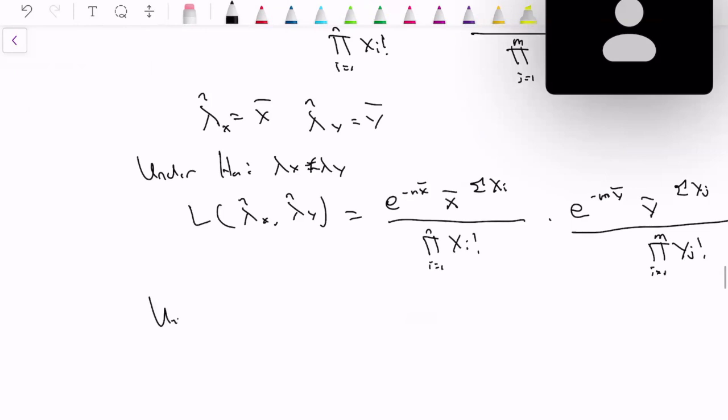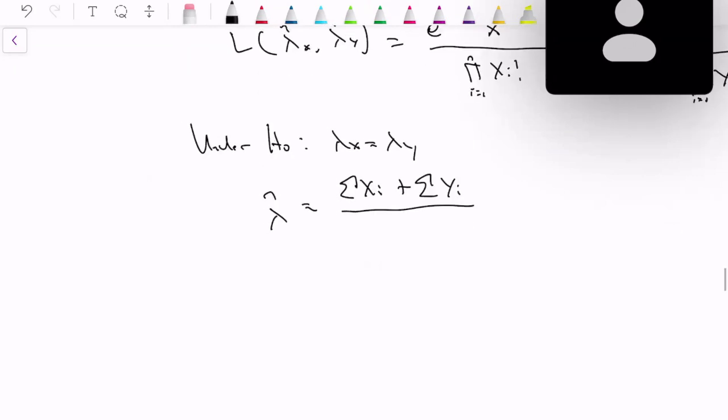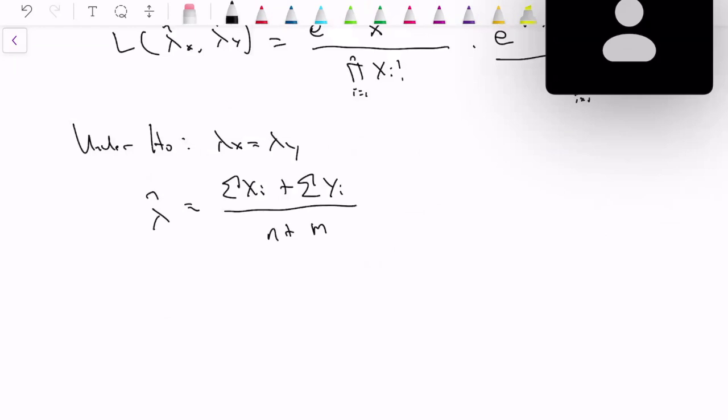So under the null, lambda x equals lambda y. Now we need to calculate the joint MLE. This is just all the observations combined, so we're taking the sum of the two combined over n plus m. That'll be our equation for lambda hat.